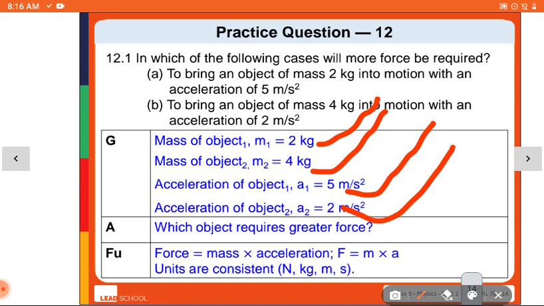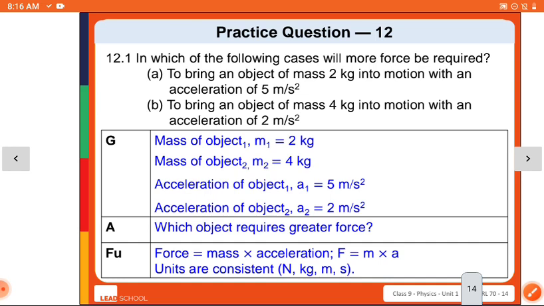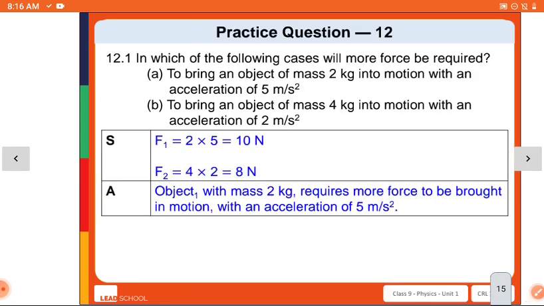Force is equal to mass into acceleration. So force for the first body is 10 Newton and for the second, mass into acceleration, is 8 Newton. So object 1 requires more force to be brought into motion with an acceleration of 5 meter per second square.